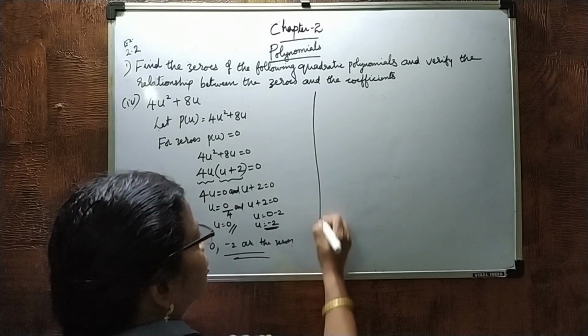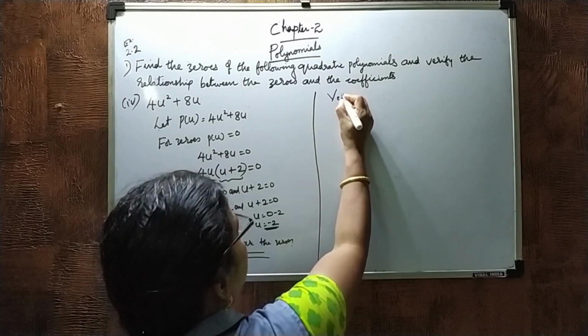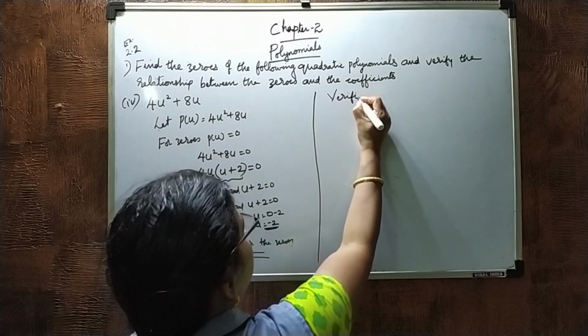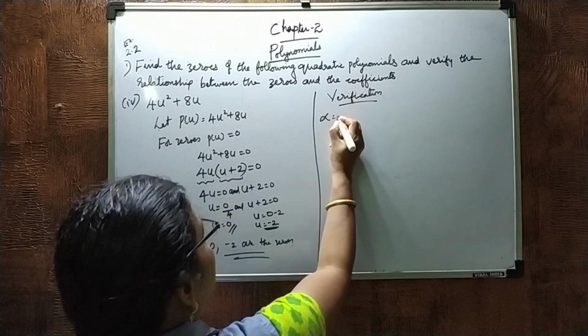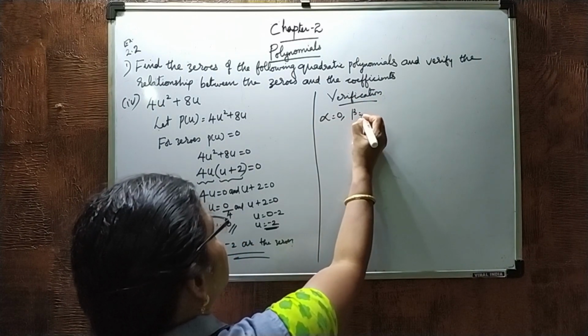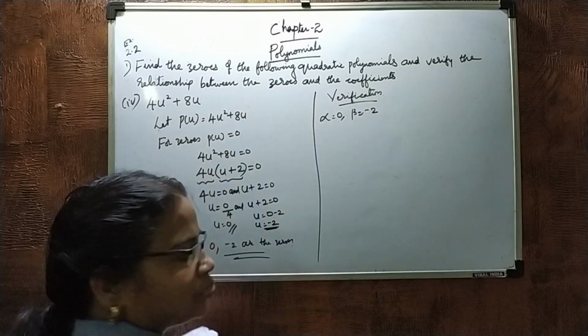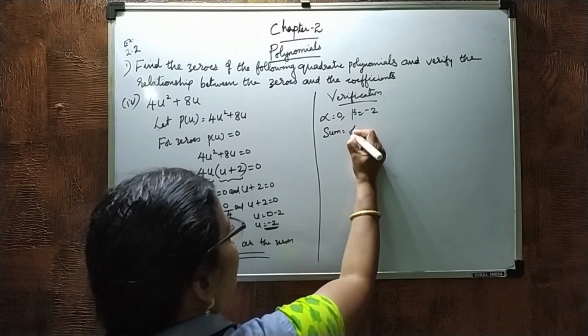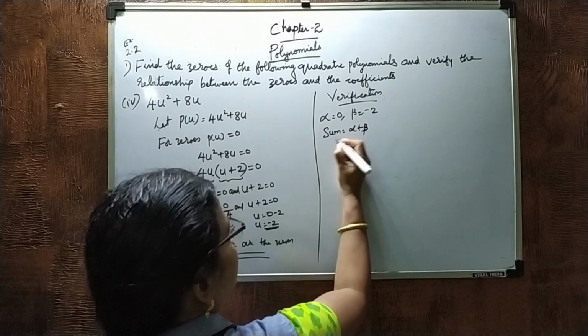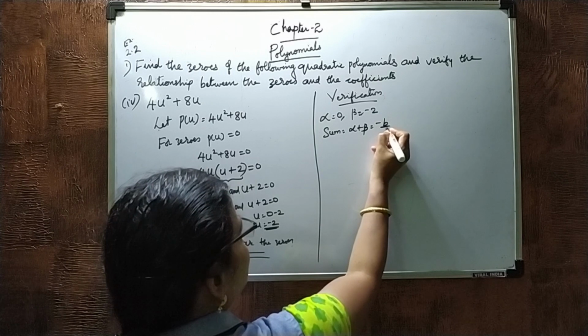So for the verification, alpha is equal to 0 and beta is equal to negative 2. So the sum, alpha plus beta is equal to negative b by a.